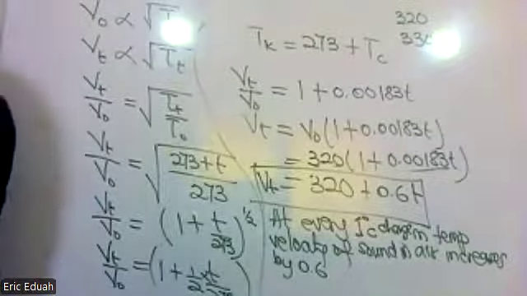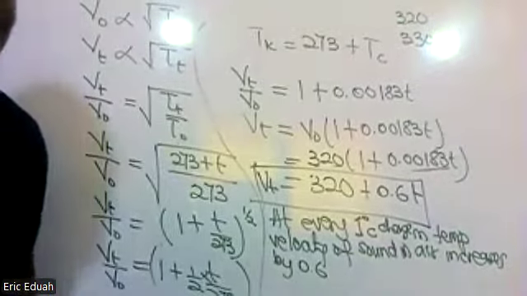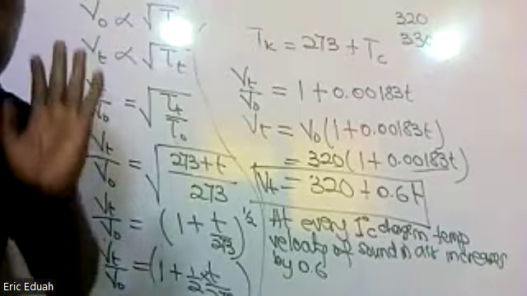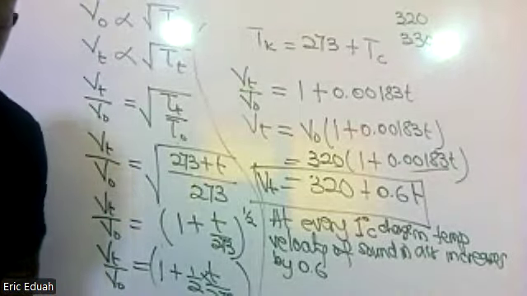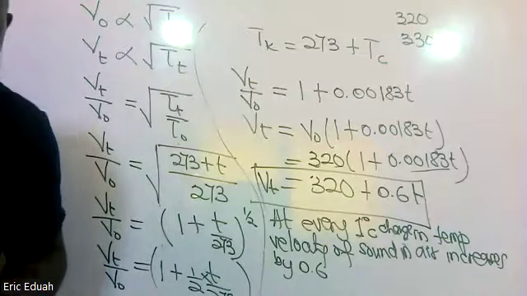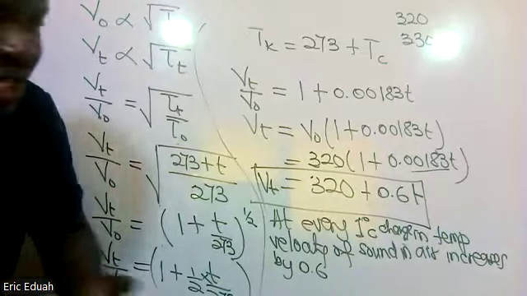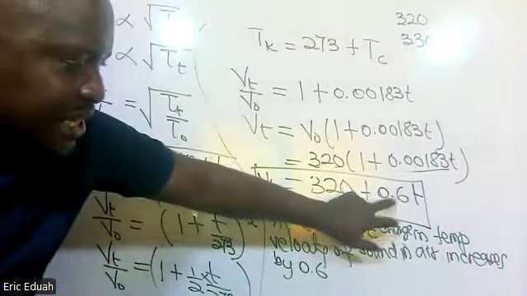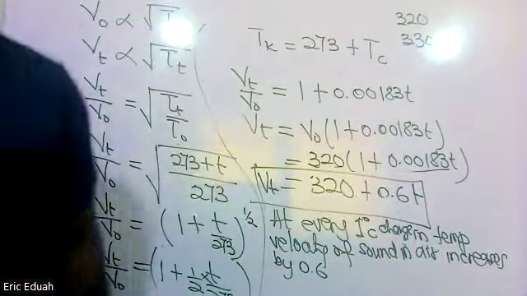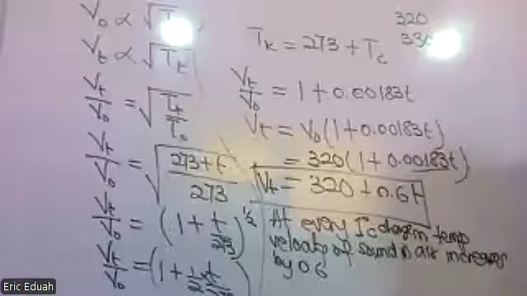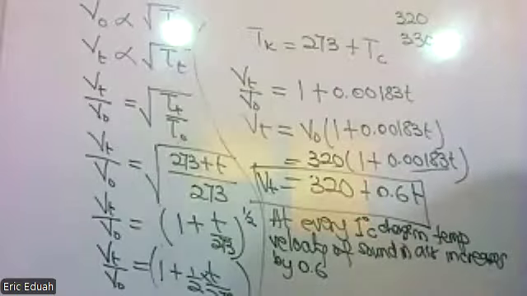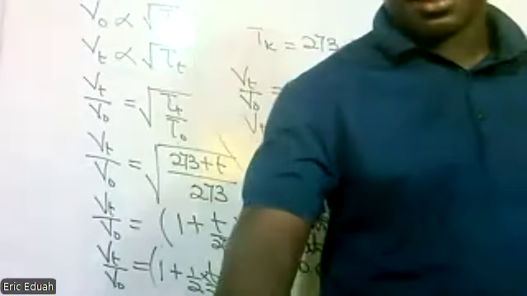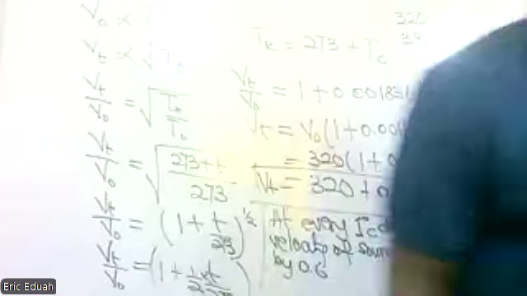That is why we say that velocity of sound in air depends on temperature. It's not fixed. When temperature is increasing, it is always changing by a factor of this. Please, is it understood? Yes, please. Okay. All right.